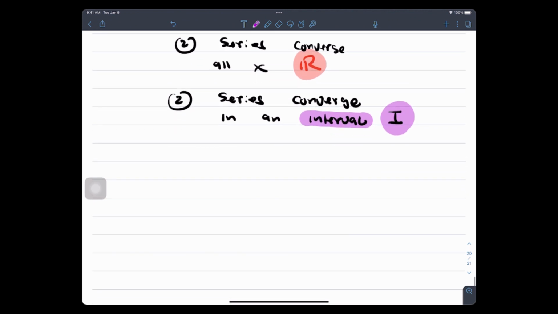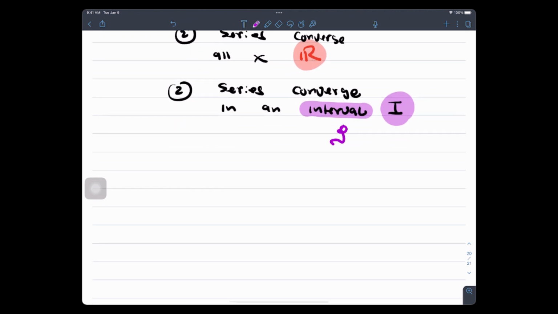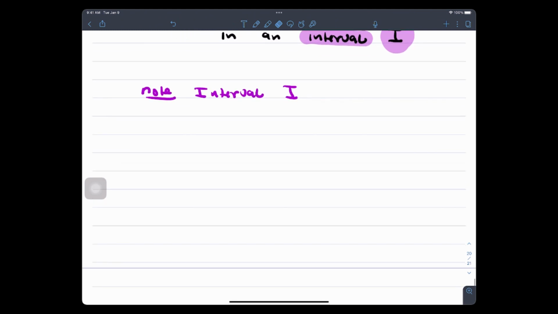And I want to go back and really mention to you guys interval notation, right? We're going to see interval notation like this here. So I'm going to put a note about the type of solutions that we will see with interval I here.